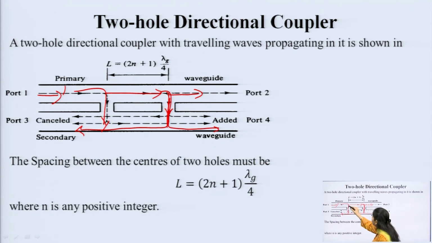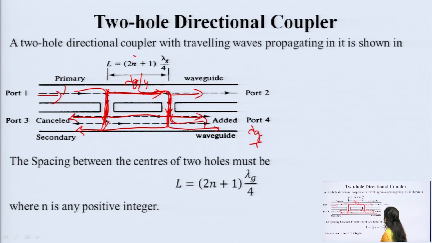This is the wave which is coming from this side, one will go like this, another will go like this. And what we have to do here is calculate the phase difference. Here the length is lambda g by 4, when we assume that n is equal to 0. The first wave goes like this with 0 distance; the second one has to cover lambda g by 4 and reaches here.